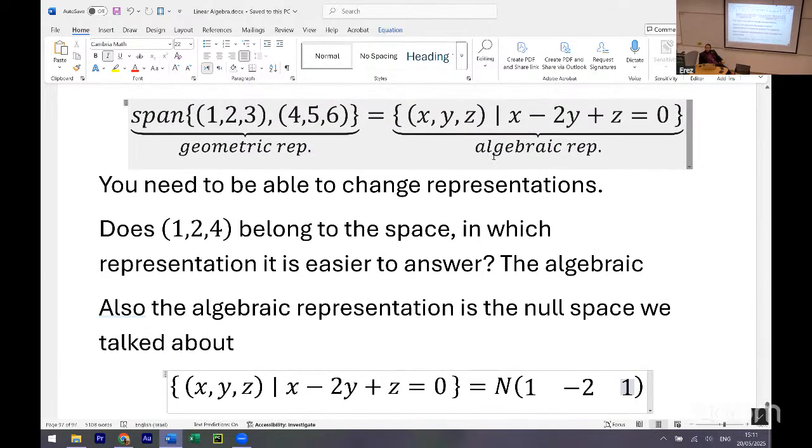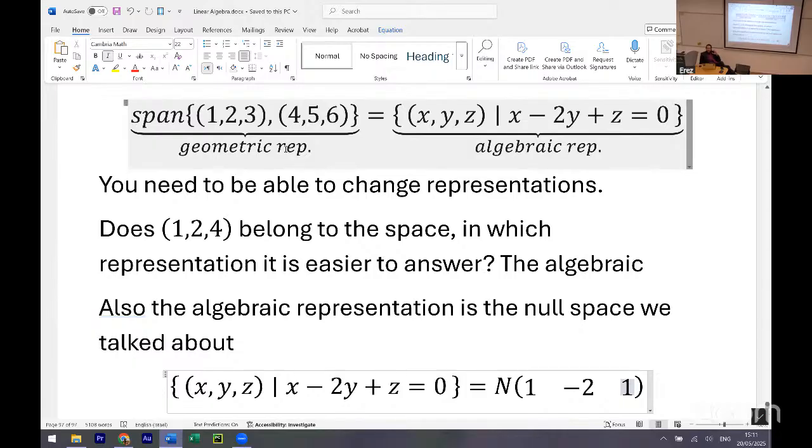So the algebraic representation is basically the solution to a system of equations, which we talked about a lot up until now. The new thing we learned today is the geometric representation, the span of the vectors. That's the new thing we started today.